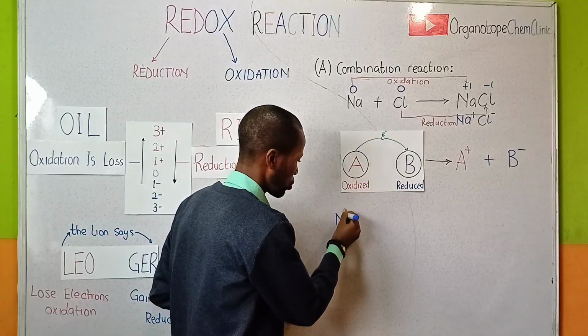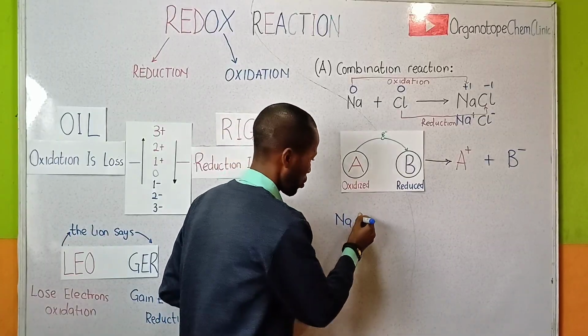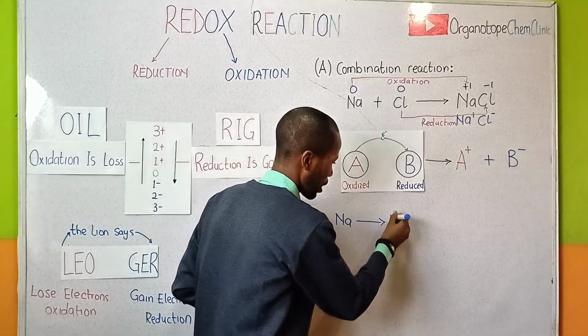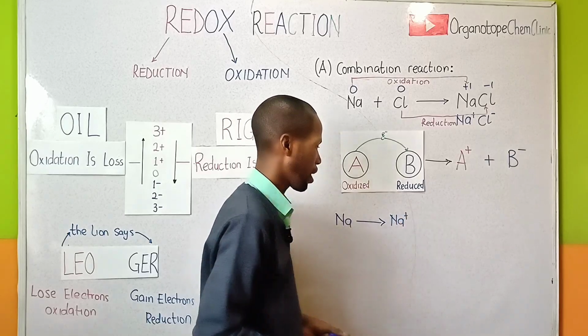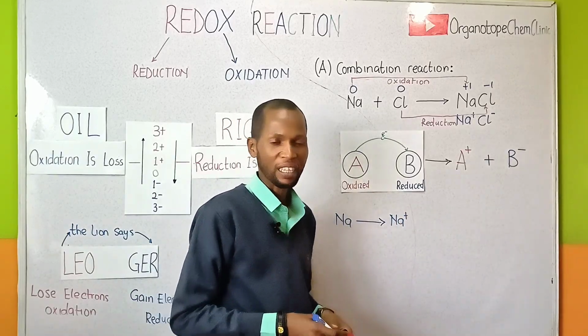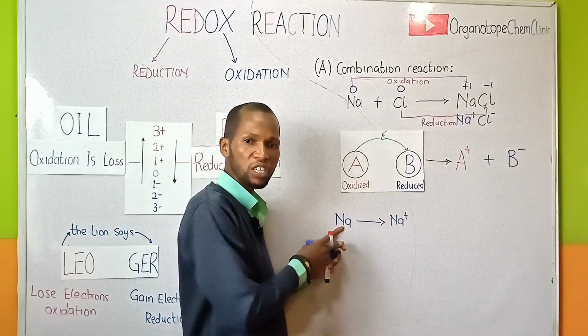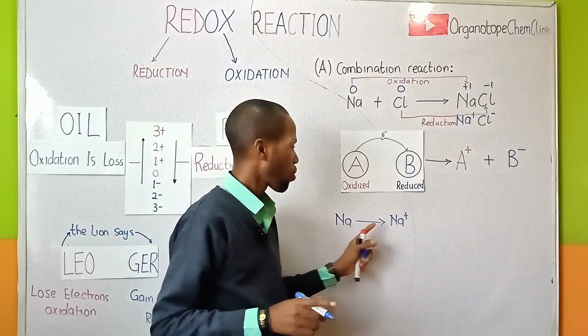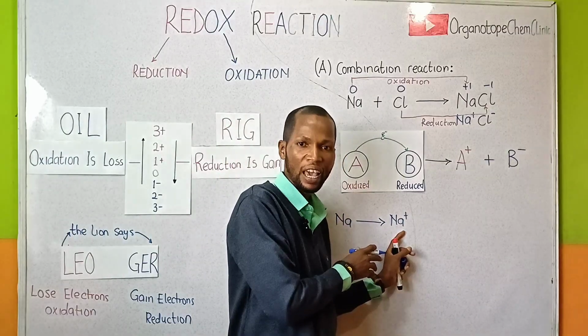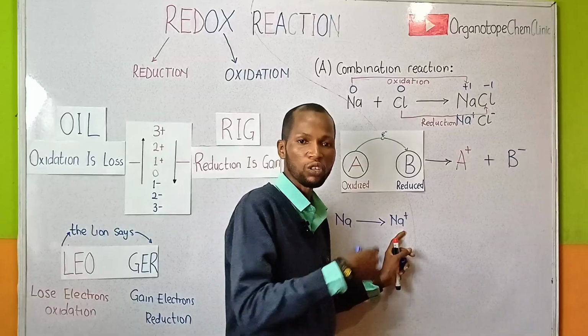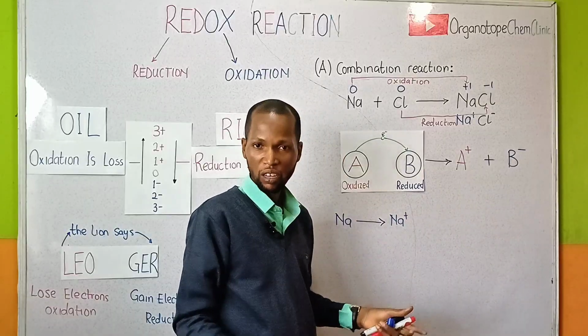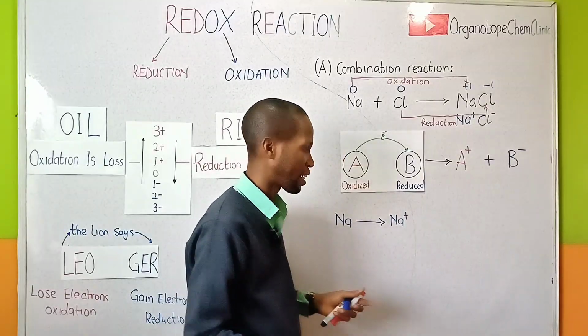We have sodium going to Na+, okay? The next thing is to balance the charge. The charge on the sodium right here is 0, while the charge on the sodium here is +1. So 0 to +1 is oxidation. We need to balance the charge right now.